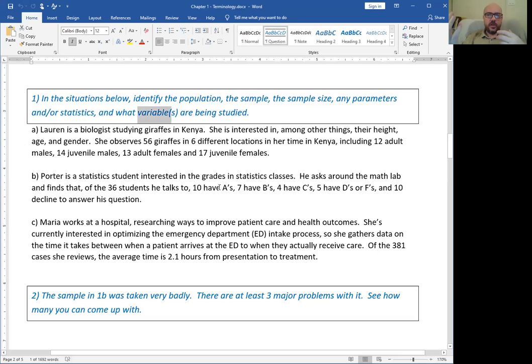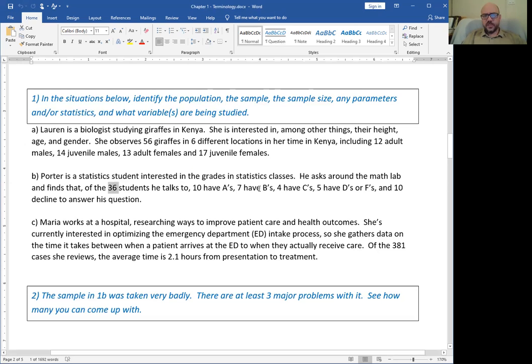The people he is talking to are members of the population, right? So SBCC statistics students would be his population. The sample were the people he talked to, so the 36 students he talked to in the math lab. The sample size, 36.